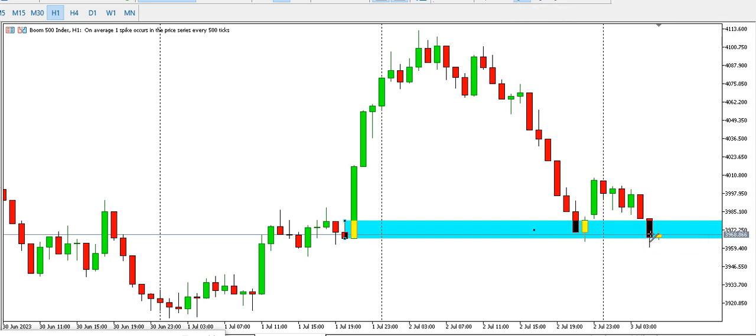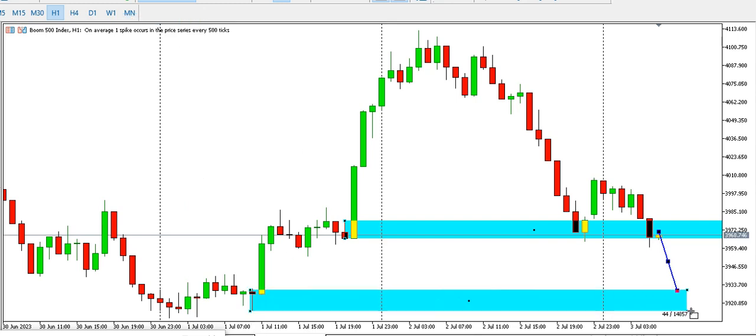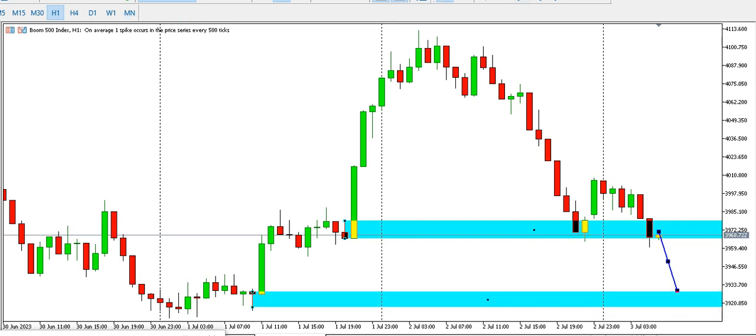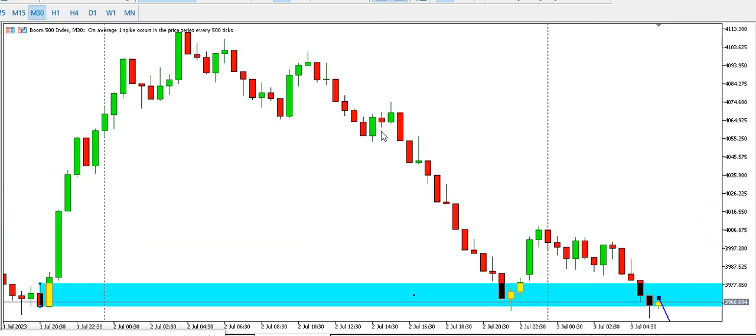Is price finding demand already for price to go up? But a failure of that level, we might see price dropping to the next lower order block for price to try to find some level of demand for price to bounce.